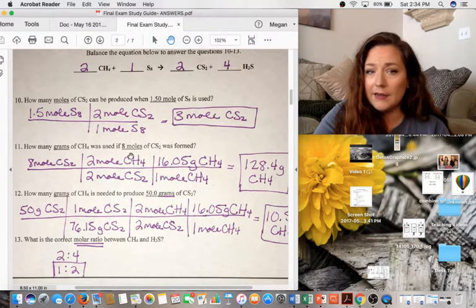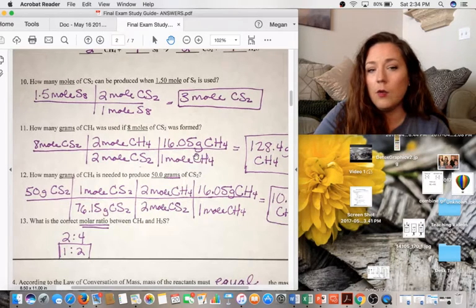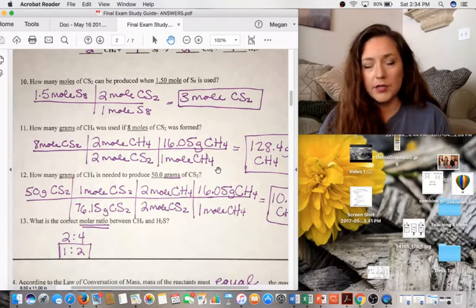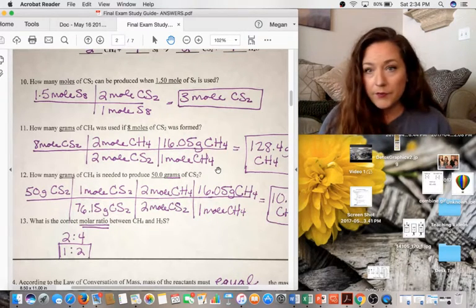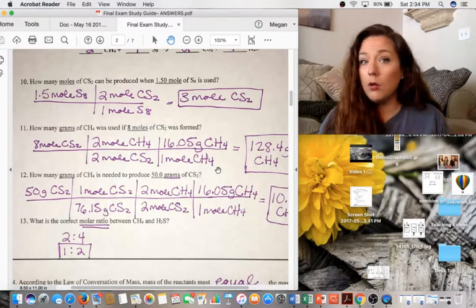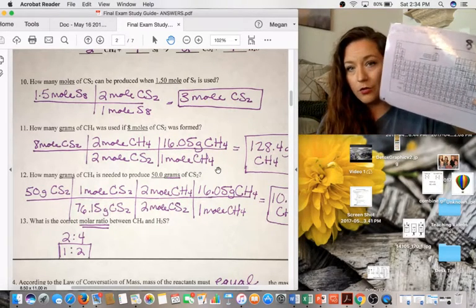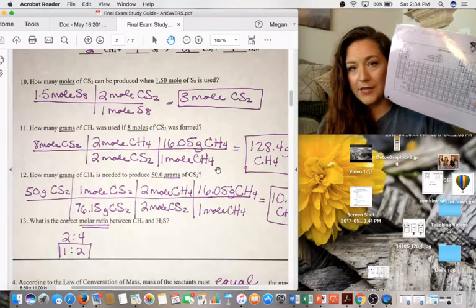Now, because moles of CH4 is on top here, I'm going to put the moles of CH4 on the bottom. And I know that 1 mole of any substance in the whole entire world will equal the grams that I can find on my periodic table.